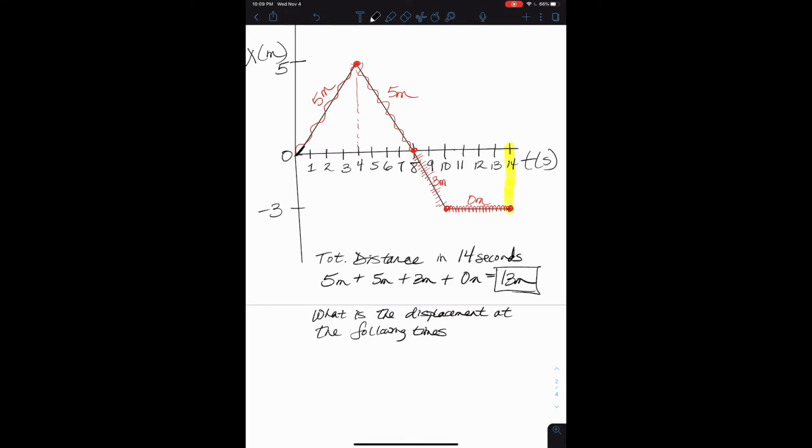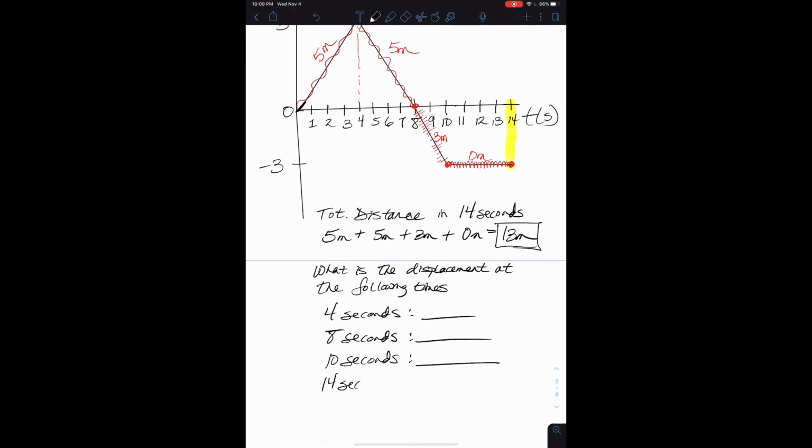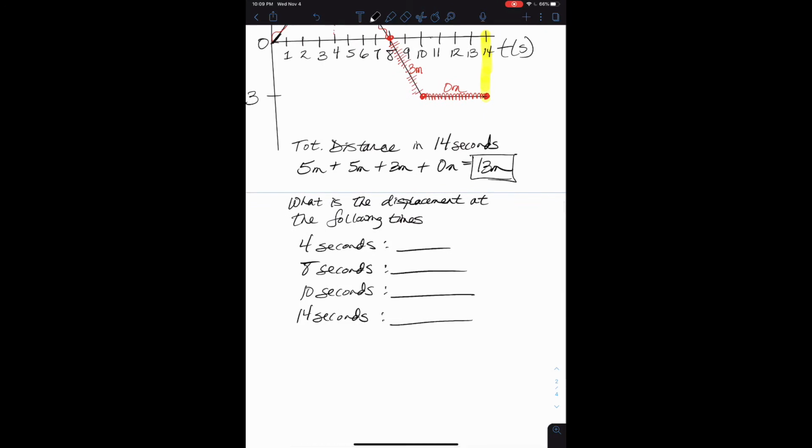I'm going to pick some times: 4 seconds, 8 seconds, 10 seconds, and 14 seconds. And for all of these, we're going to use one formula, and that is delta x is equal to xf minus xi.